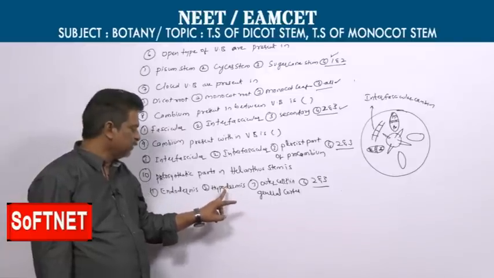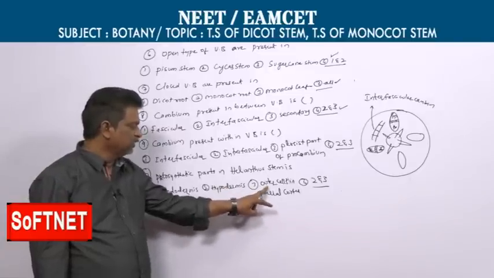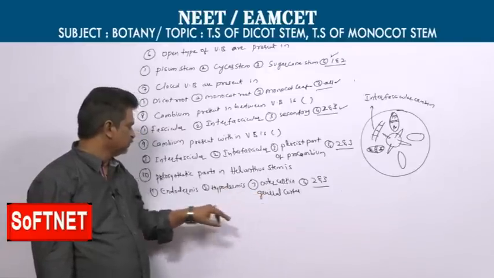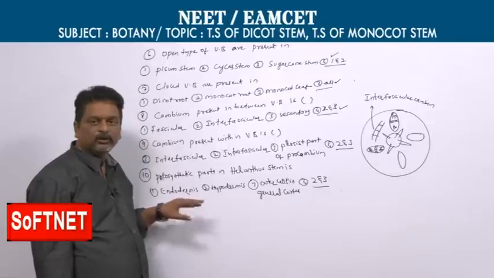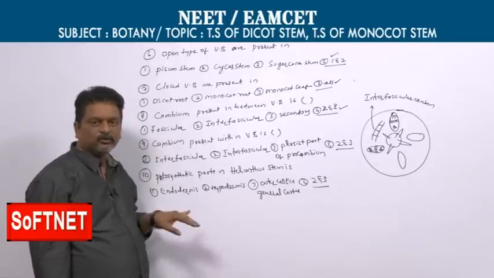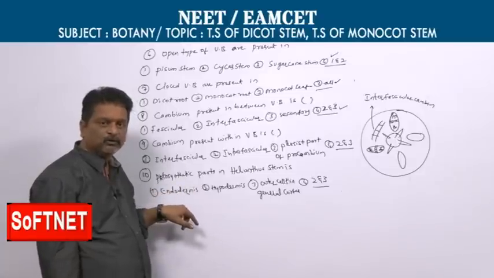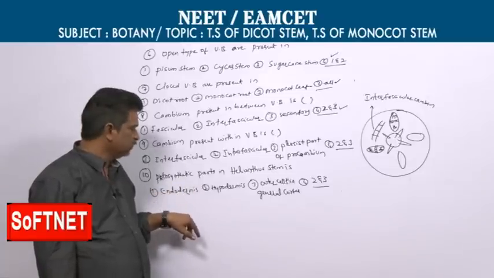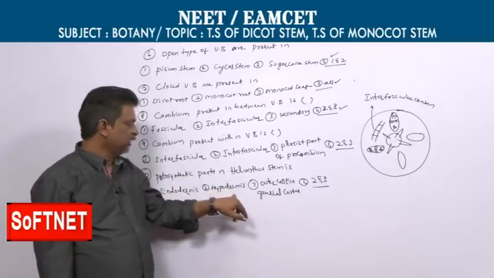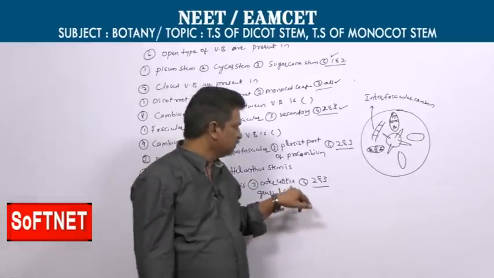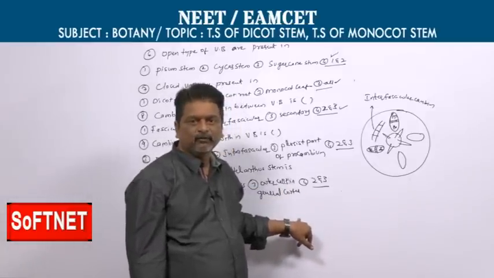So, the photosynthetic parts are hypodermis and outer cells in cortex, but not endodermis. In endodermis there is no chloroplast. It cannot synthesize food, but it can store food. So, endodermis stores food, while hypodermis and outer cells in the general cortex prepare food.